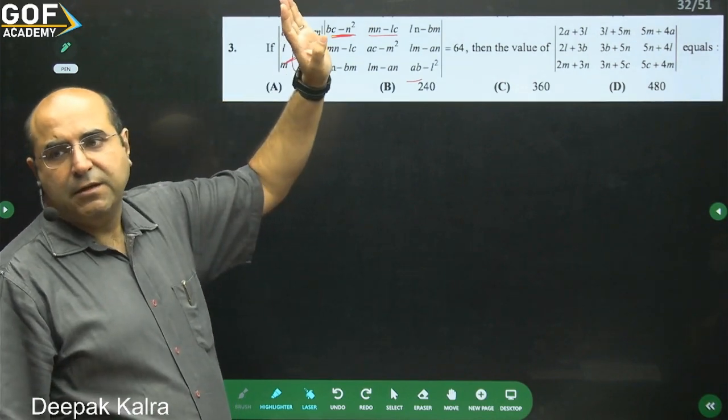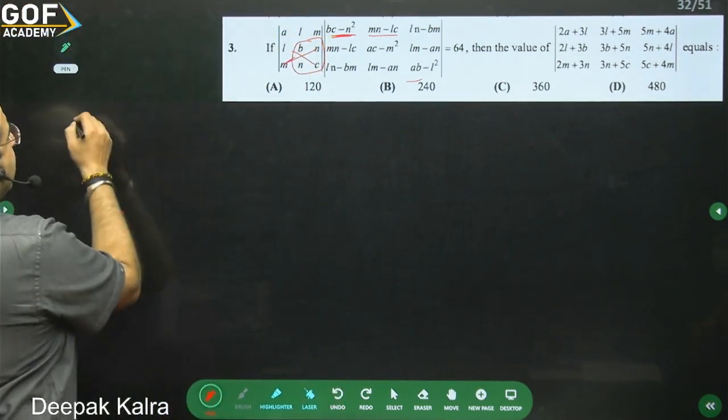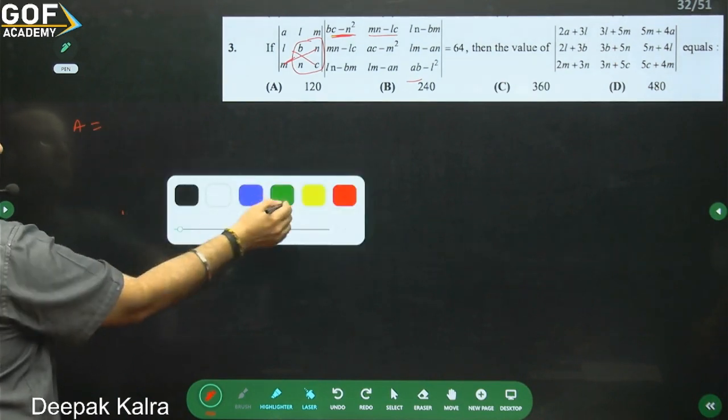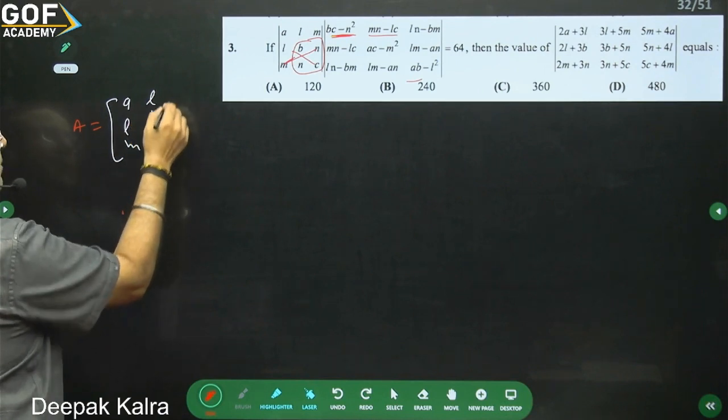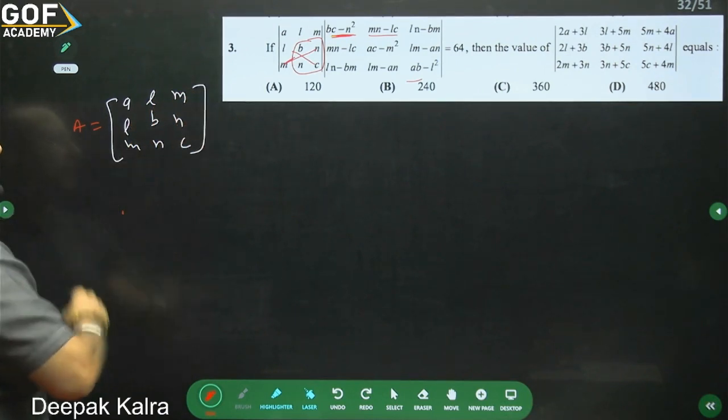Understood what I said? If I take A matrix as this one, ALM, LBN, MNC, okay?